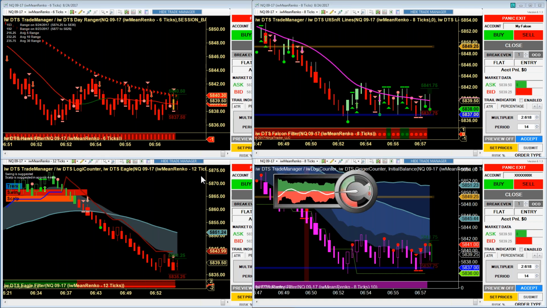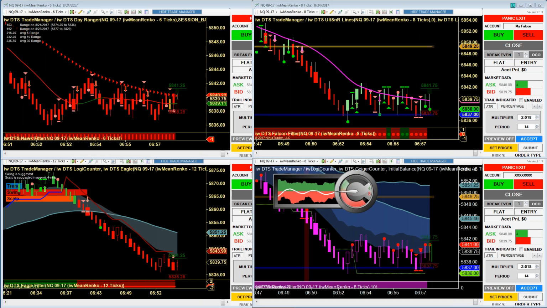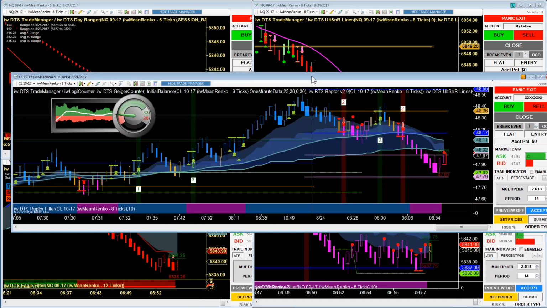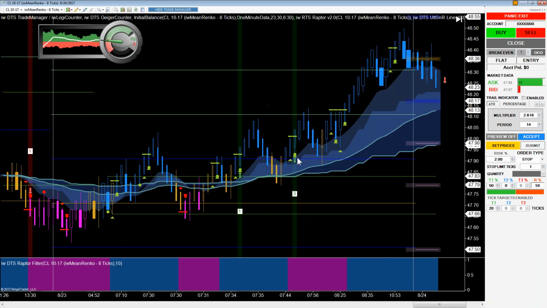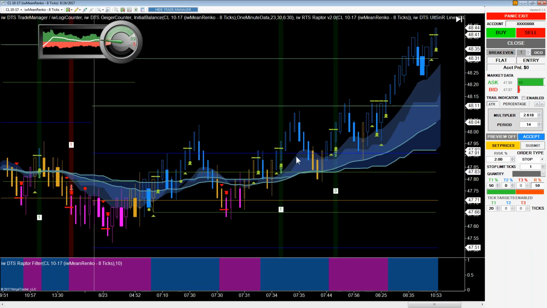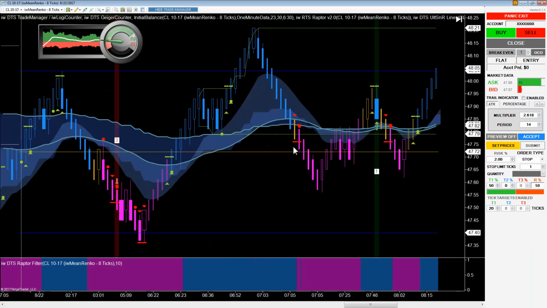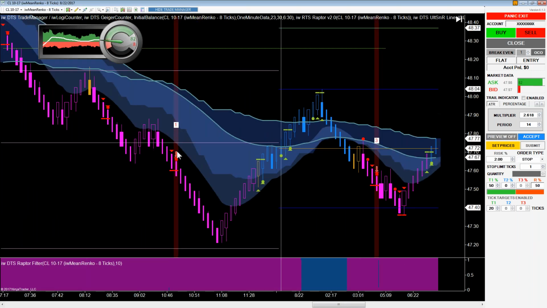If you're looking for something to trade around the clock, anytime, day or night, crude oil has been surprisingly active in the overnight session, more so than even the North American session. Here's the crude oil chart on the Raptor. Well, yesterday was a bit of a dud, but a lot of times you'll see here's the European session. No, actually that's a bit of a dud too, sorry.